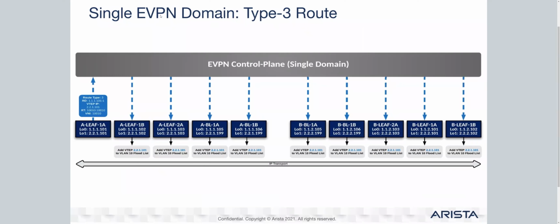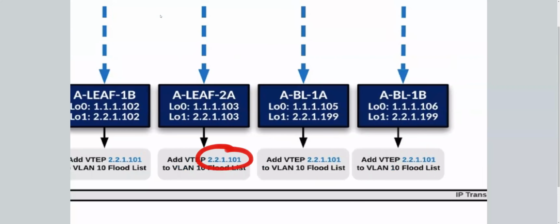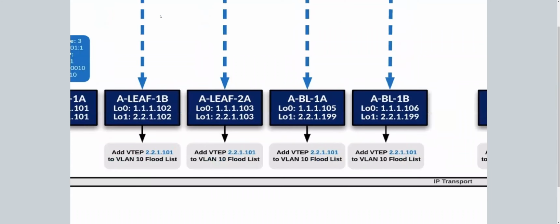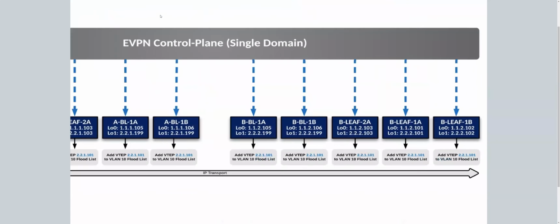So everything in Fabric A, as expected, is going to receive the route, and we'll focus on ALEAF2A. It's going to add the VTEP 221.101 to its flood list for VLAN 10. Cool, all good. But over in Fabric B, the same holds true. We'll pick on BLEAF1B again. He's been a good sport.